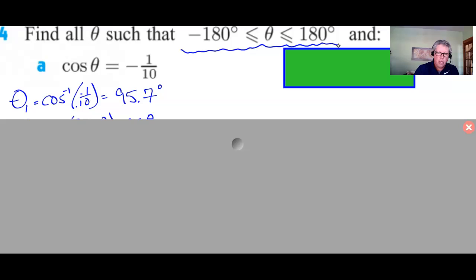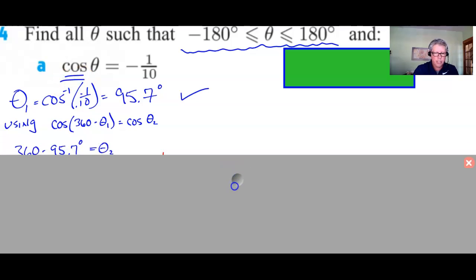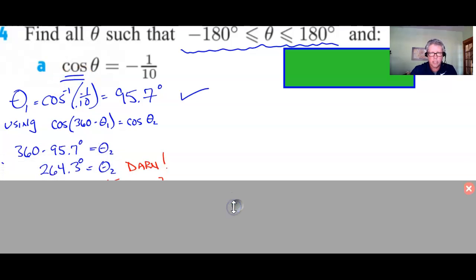That's what's key too. So this is in degrees, so I take the inverse cosine of negative 1/10. I get negative 95.7. That's certainly inside negative 180 to 180. Life's good. I find the second angle by, remember it's cosine, so I subtract it from 360 and I get 264.3. Darn it, that is not between negative 180 and 180. So what can I do with any of these two critical angles?